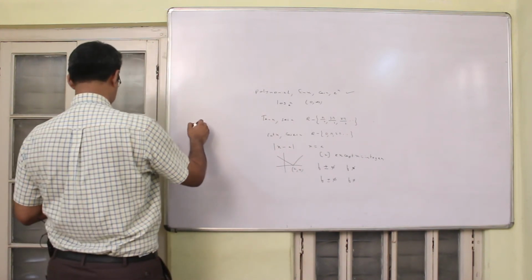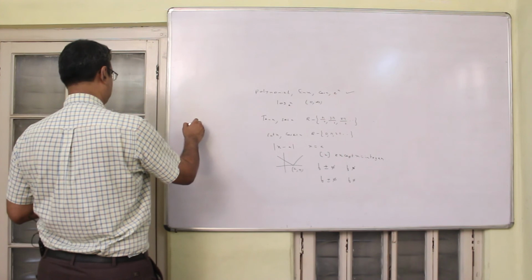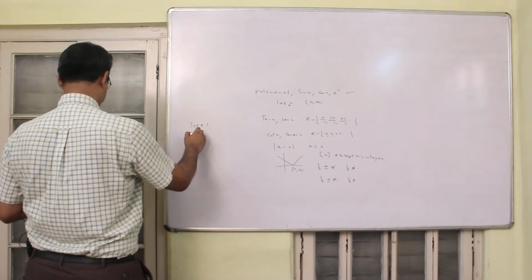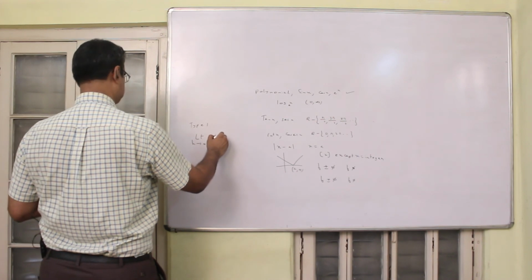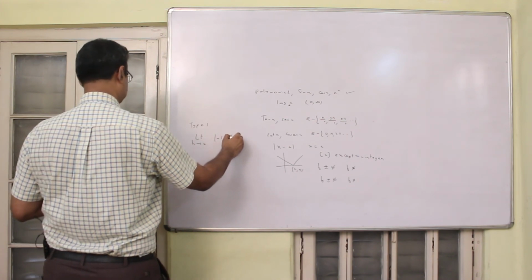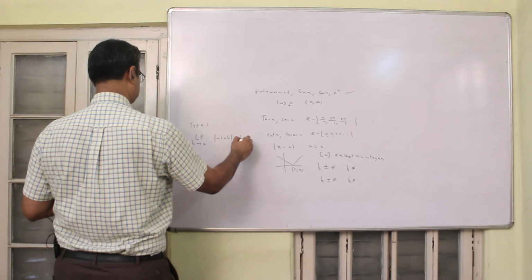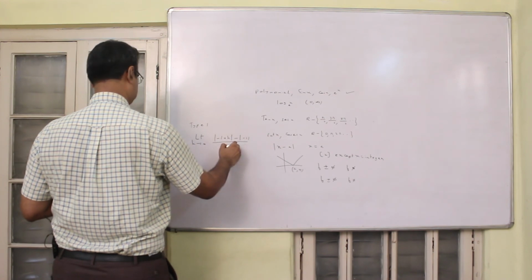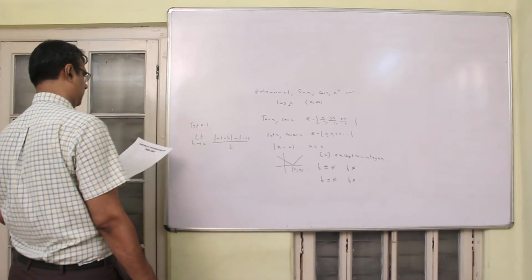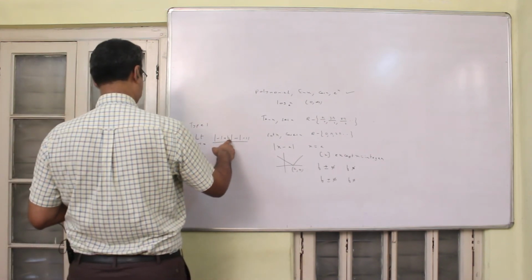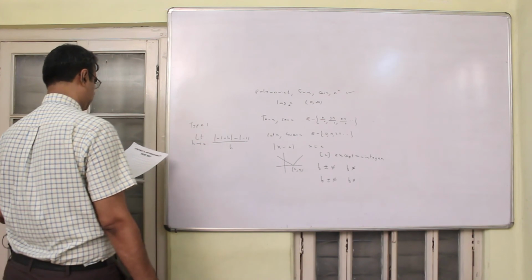And in type 1 of the sheet, we have questions like this: evaluate limit h tends to 0, modulus of -1 plus h minus -1 by h.